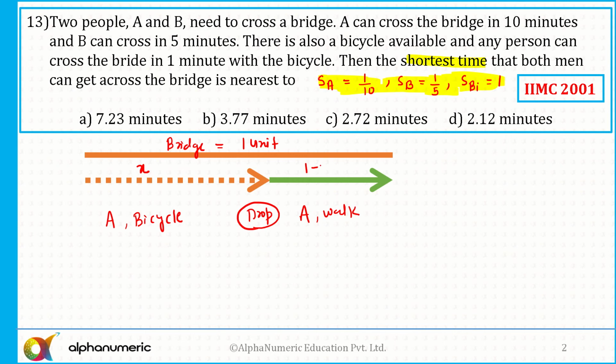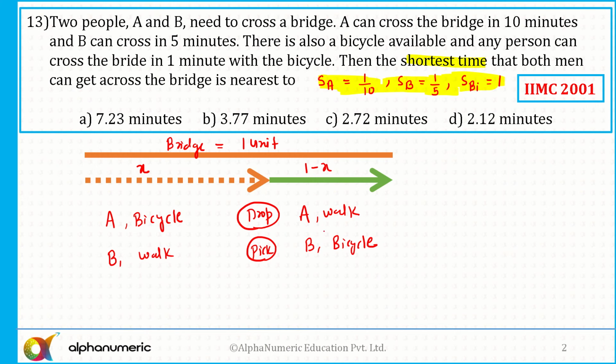It is 1 minus X. Now, in the meanwhile, B will start walking because A has already picked up the cycle. B will reach this point and again B will pick up the cycle from here. And the remaining distance B will travel on the bicycle. And in that case both persons reach at exactly the same time.